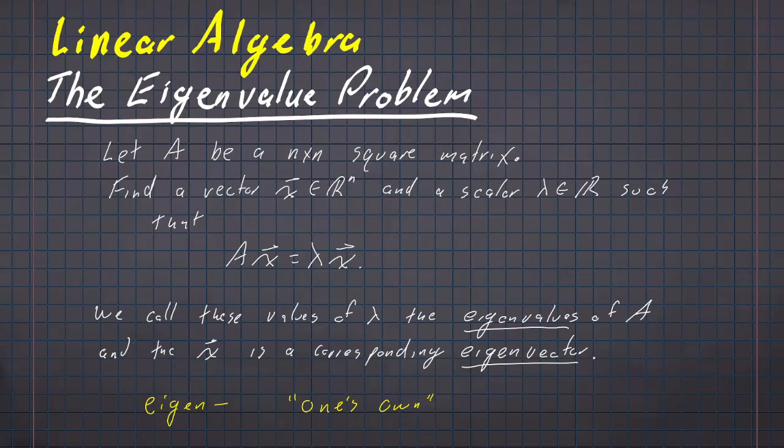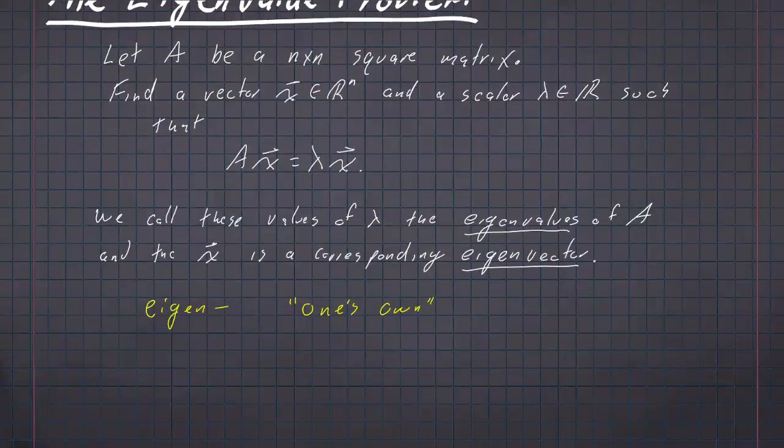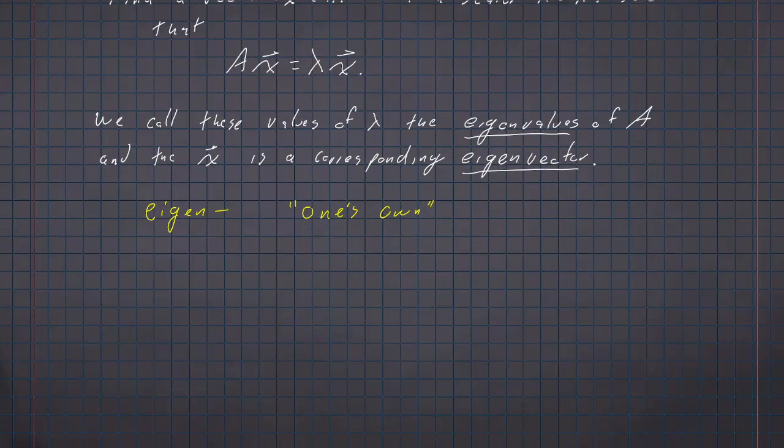For most values of lambda, there is no way to get this result. Sometimes, especially in disciplines other than linear algebra, you will see the eigenvalue problem also referred to as the invariant problem.